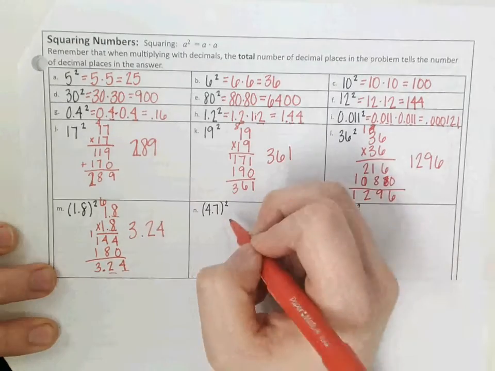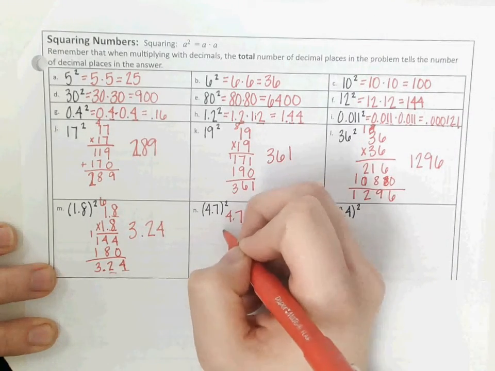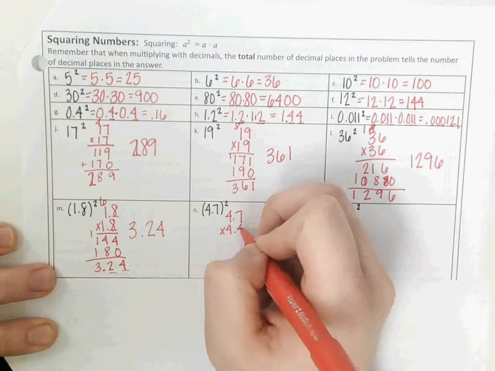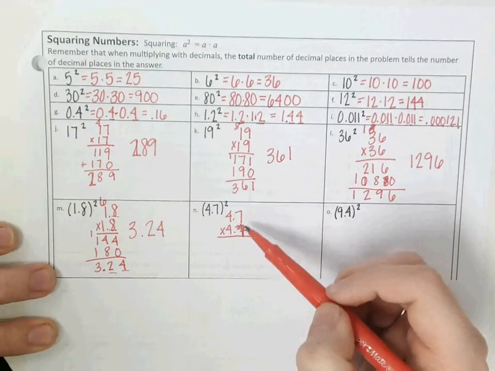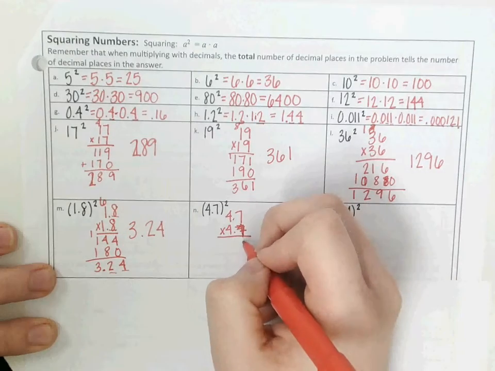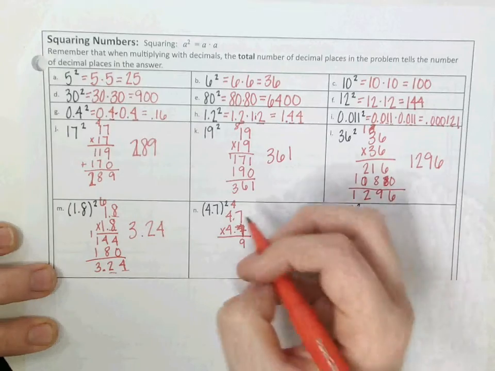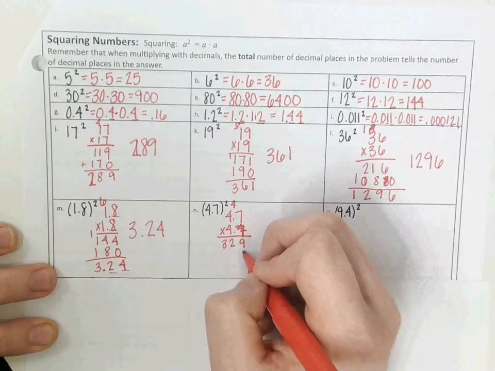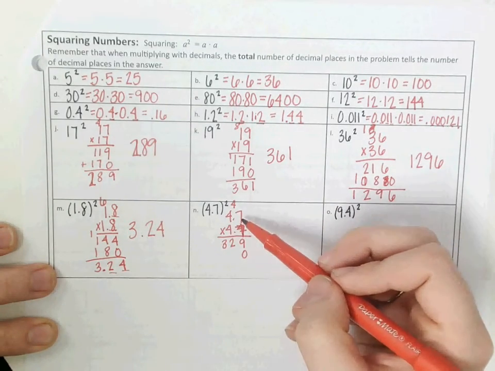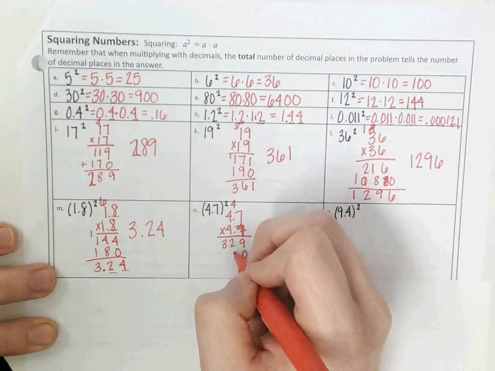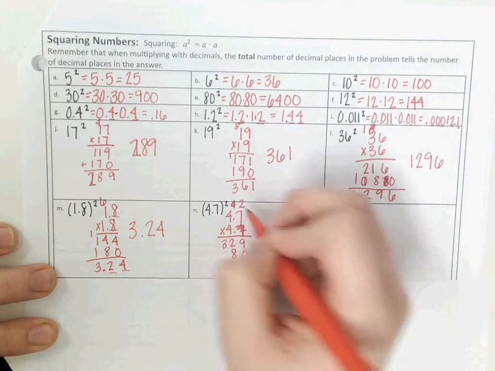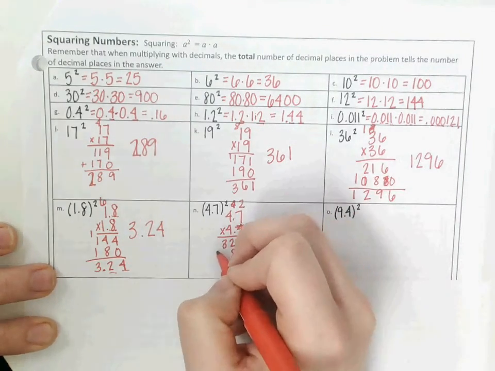So let's try another one of these. We have 4.7 squared, so it's 4.7 times 4.7. It would help if I could write, I'm sorry. So 7 times 7 is 49. We have 4 times 7 is 28, plus 4 is 32. Bring a 0. 4 times 7 is 28. Carry the 2. 4 times 4 is 16, plus 2 is 18.